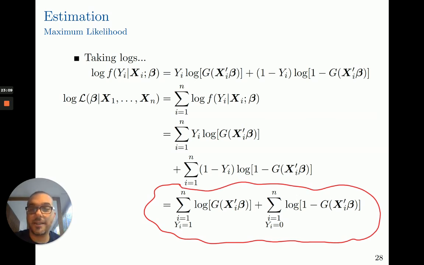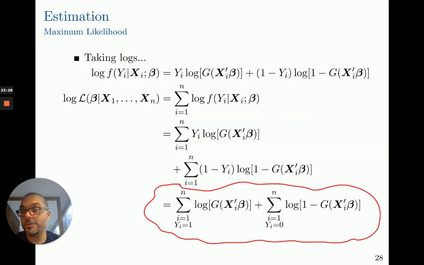So this is the log likelihood of a Bernoulli random variable, where the probability of success is given by g of x beta.